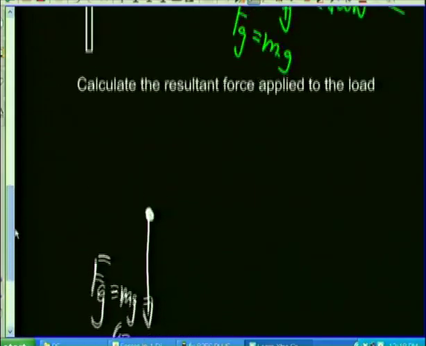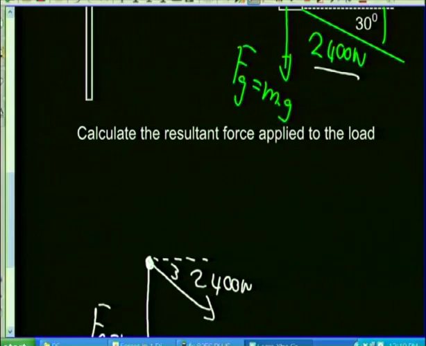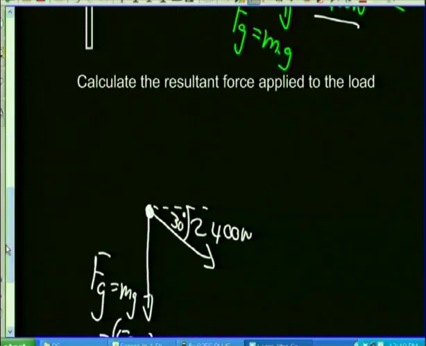Let's fill in the other forces. The force of 2,400 at 30 degrees to the horizontal, so let's fill that one in. We recognize that it's going to be an arrow in that direction, 2,400 newtons, and the angle here is 30 degrees. And the final force that we've got in this free body diagram is this one, 5,500 newtons, and it's at 45 degrees to the vertical.